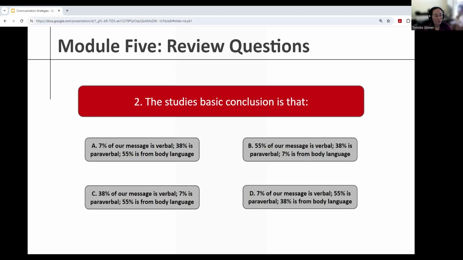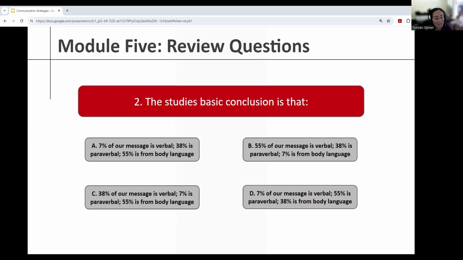Okay, number two, the study's basic conclusion is that A, 7% of our message is verbal, 38% is paraverbal, 55% is from body language. Or B, 55% is verbal, 38% is paraverbal, 7% is body language. Or C, 38% of our message is verbal, 7% paraverbal, 55% body language.